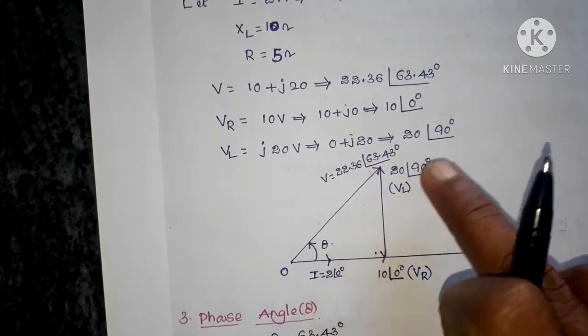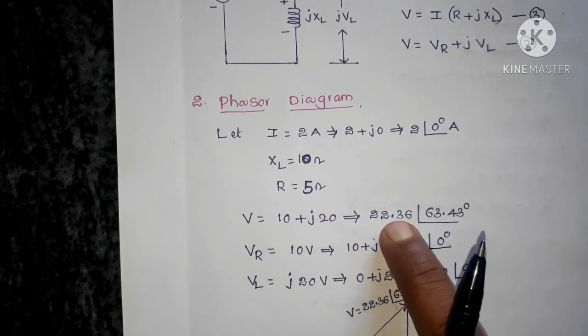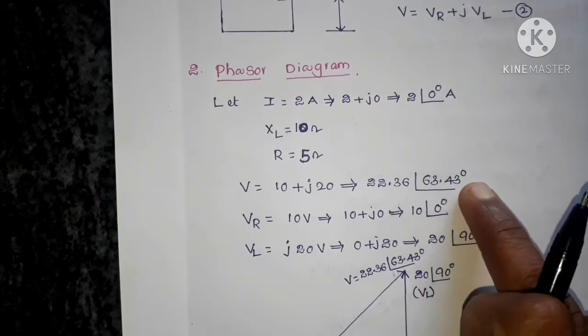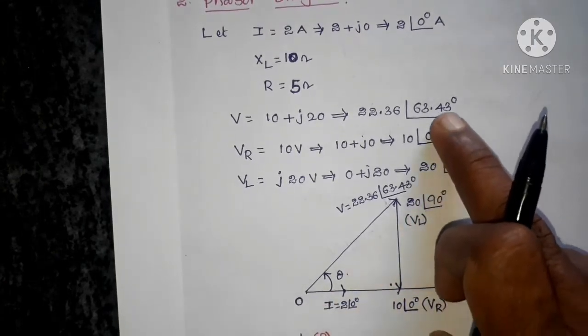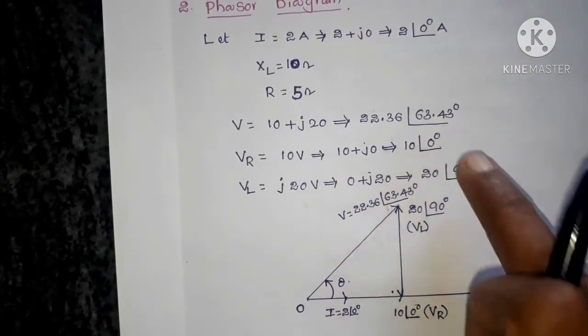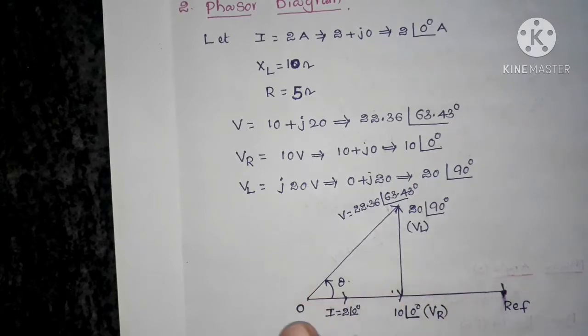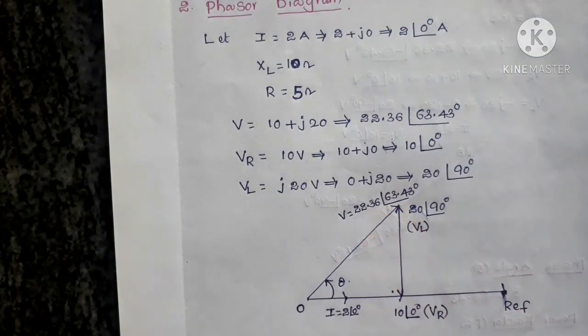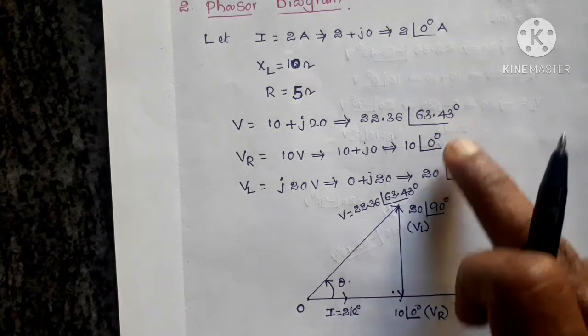And the resultant is V. V is 22.36 at an angle of 63.43 degrees, meaning the supply voltage is making an angle of 63.43 with the reference.